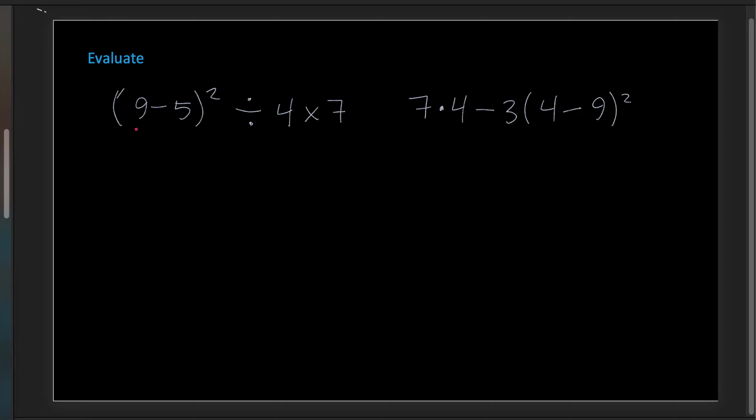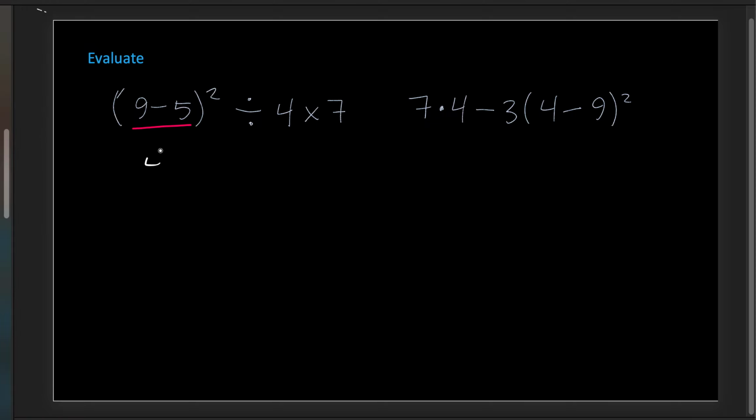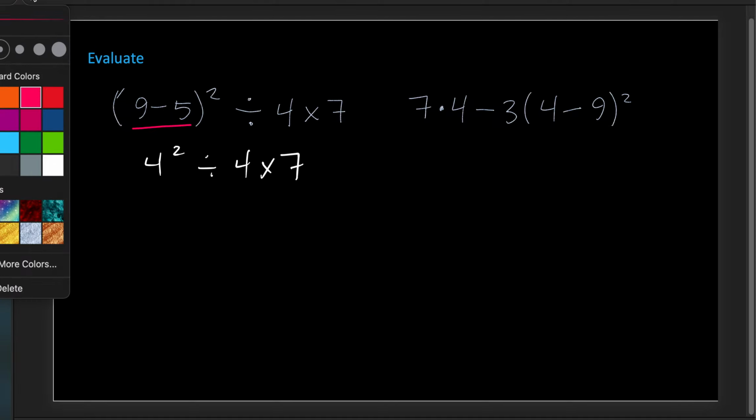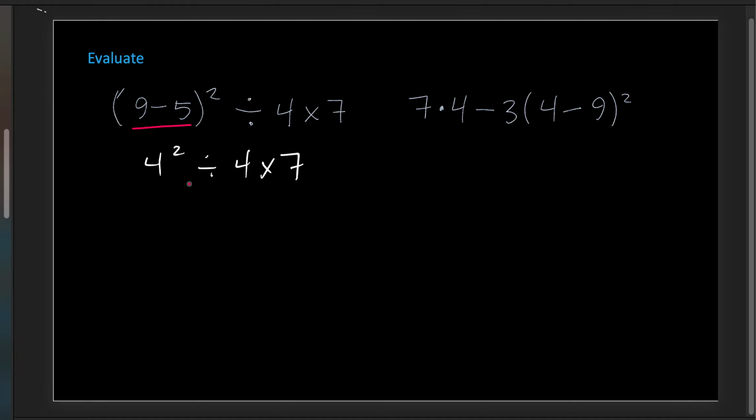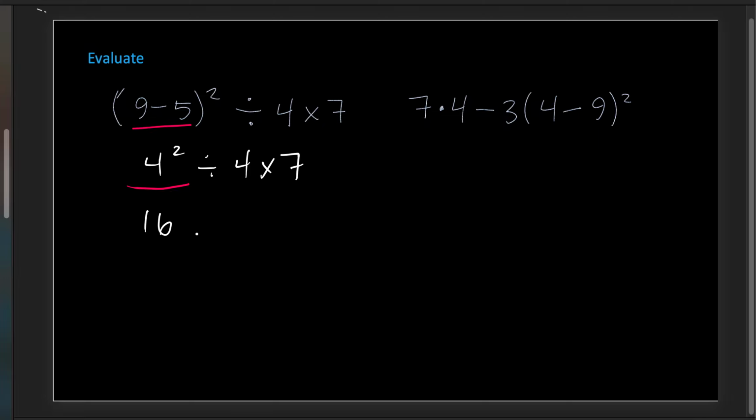Parentheses first, so do this part first right here. 9 minus 5 is 4, and that 4 should be squared. I'm going to write down everything else right under it. Just evaluate one thing at a time. Next, I should do exponents, and that's the 4 squared right there. 4 squared is 16. That means 4 times 4. And I'm going to write down divided by 4 times 7.